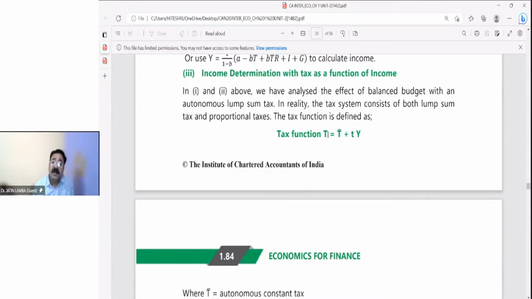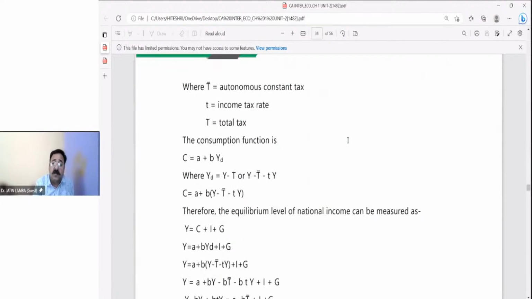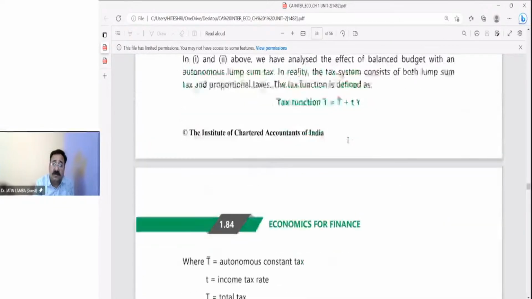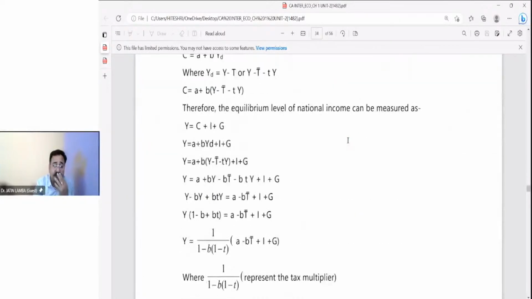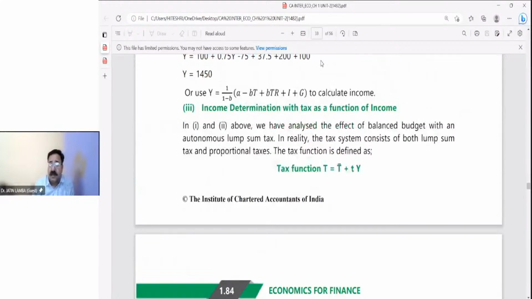Constant. But in actual, real life, taxes are not always constant. Taxes are a function of income, right?